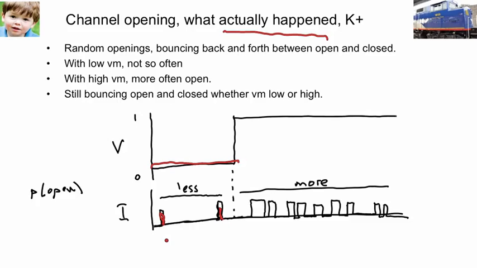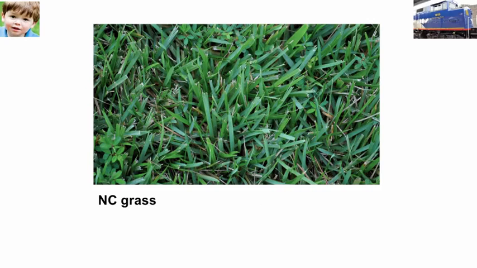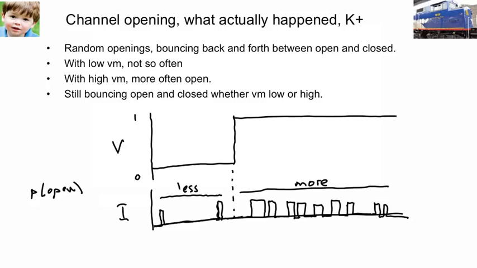When the voltage jumped up, what happened was we saw current pulses here, here, here, and so on.